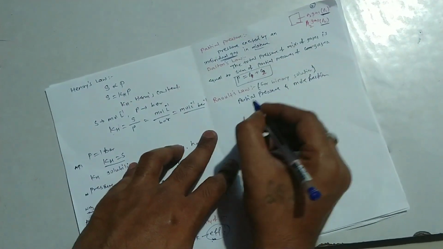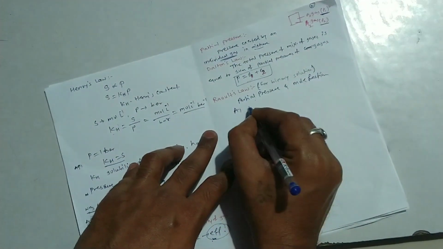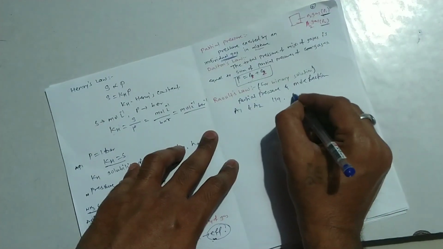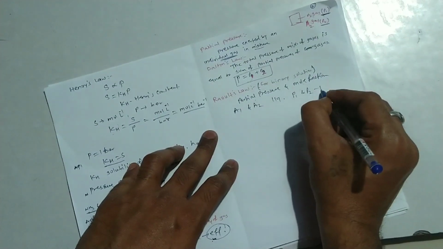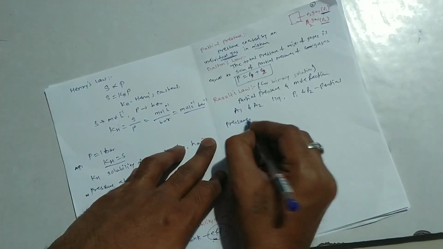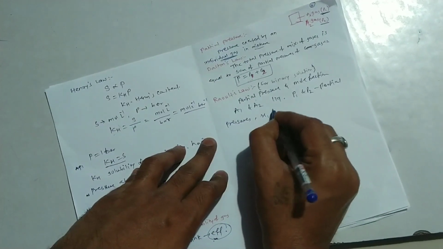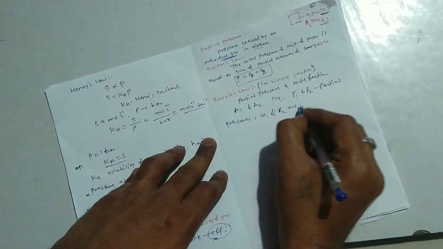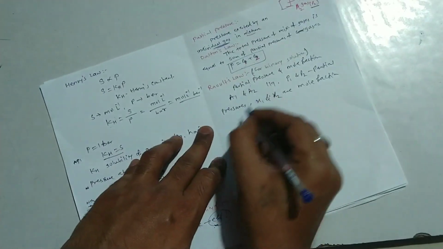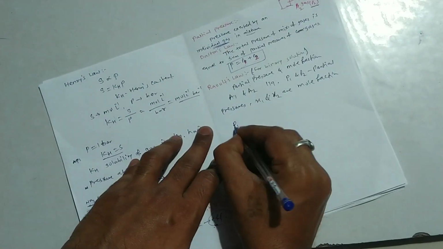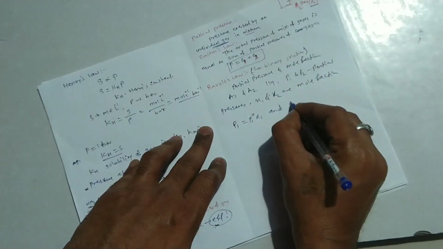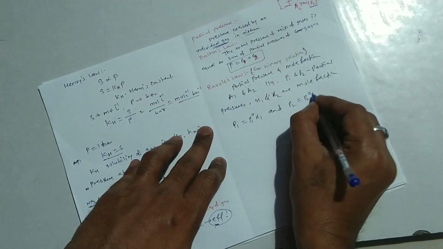Simply we can say, if we consider A1 and A2 as two liquids, with P1 and P2 as partial pressures and x1 and x2 as mole fractions, then according to Raoult's law, P1 is equal to P1⁰x1 and P2 is equal to P2⁰x2.